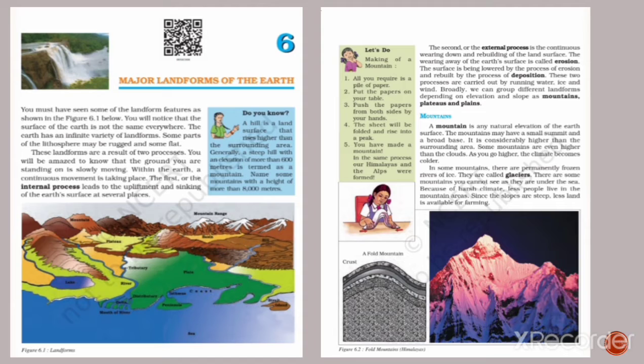A mountain can be defined as any natural elevation of the earth's surface. It is considerably higher than the surrounding area. Mountains vary in several shapes. They are of different heights, and some are old and some are young on the basis of their origin.